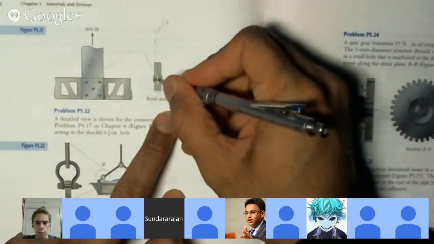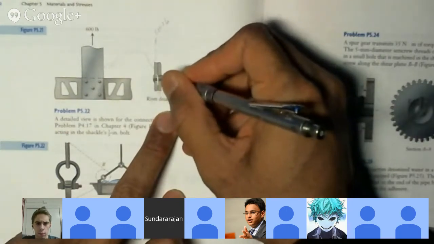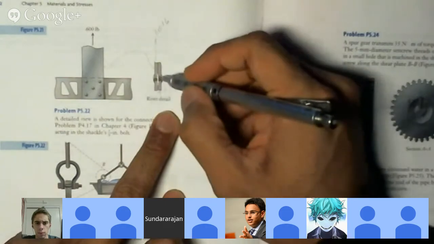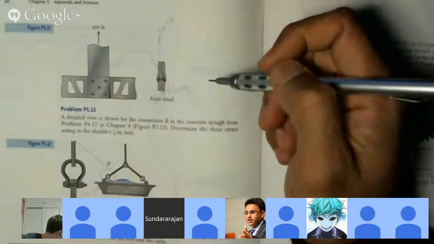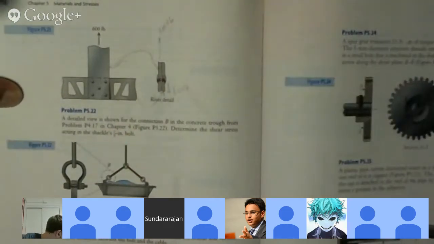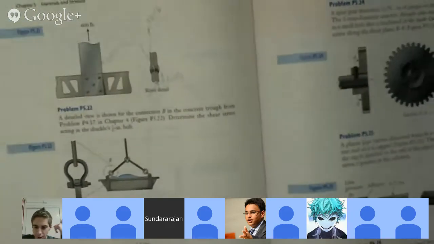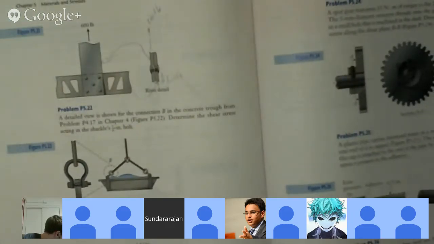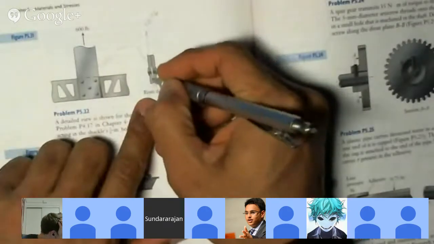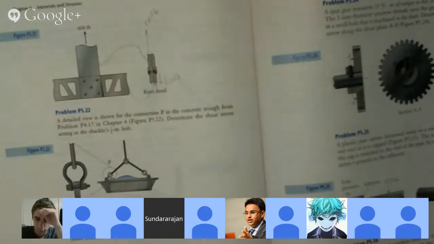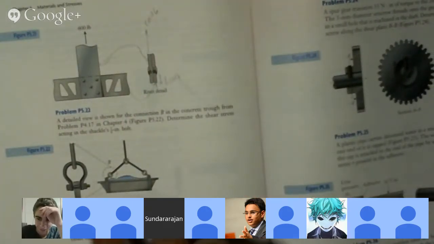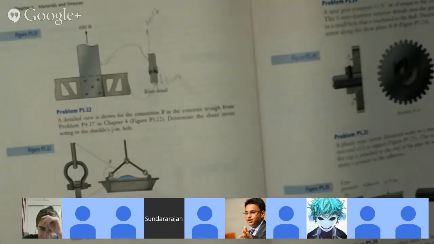So this plane here, which is the joint between the two, is being sheared. Oh, okay. So the area you use is not the one you can see directly. No, it's this area, not the other. Okay, I get it now. Okay, thanks. Okay, try this. Give me about half a minute. I'll be back.